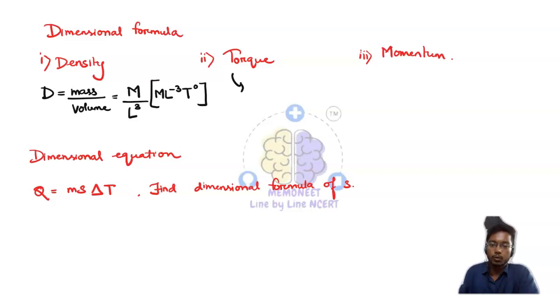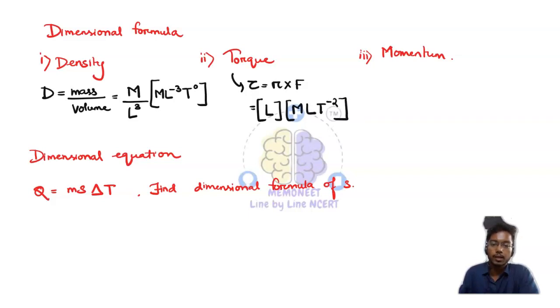For the torque, we know that the formula is tau equals R cross F. R is the length here, and for the force we can write mass into acceleration, that is M for the mass, and acceleration is L T to the power minus 2.